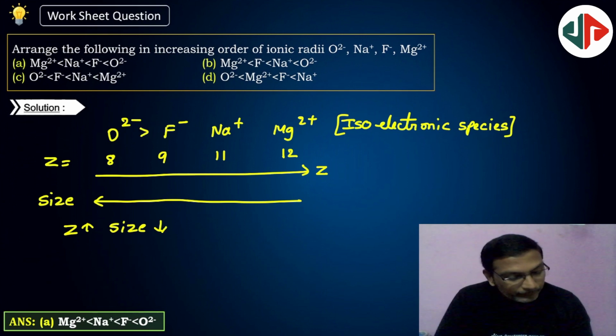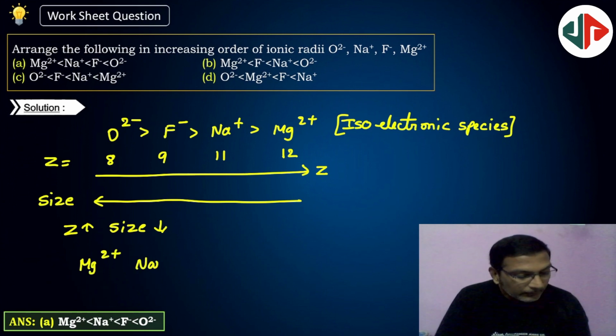Therefore, this will be the decreasing order, or we can write, Mg2 plus, Na plus, F minus and O2 minus.